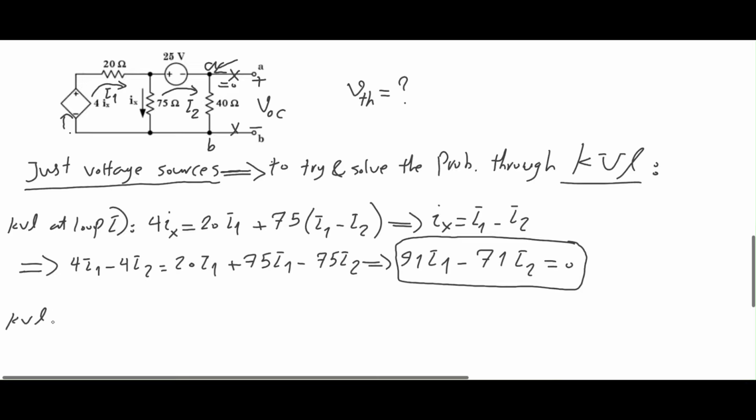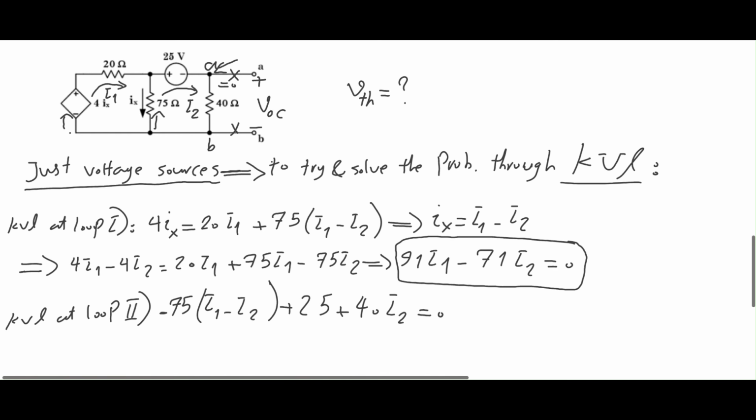Now let's write KVL at loop 2. So this is my loop 2. If I move from this point onward, I have minus Ix. So I'm going to consider it as minus Ix times 75 ohms. So I'm going to say 75, and instead of Ix, I'm going to write I1 minus I2. And then I have plus 25, and then I have plus 40 times I2 equals 0. Yeah, that's good.